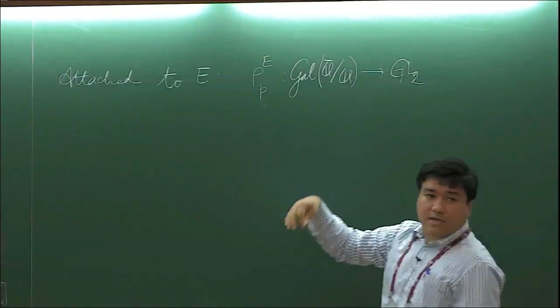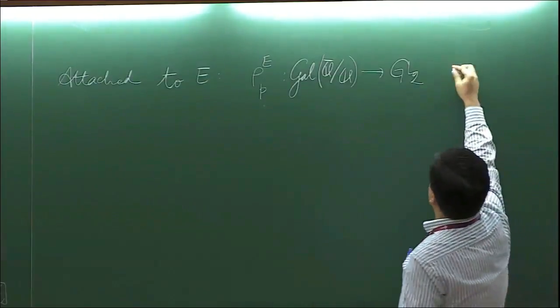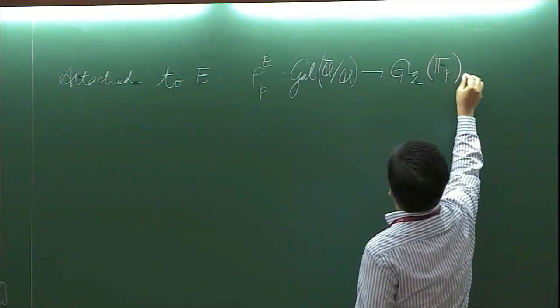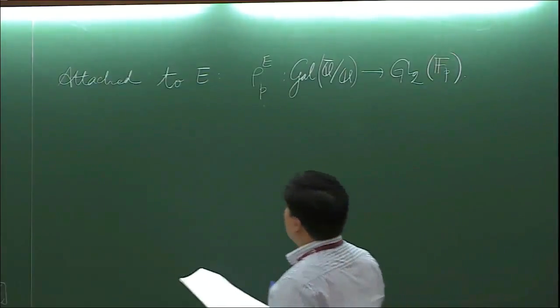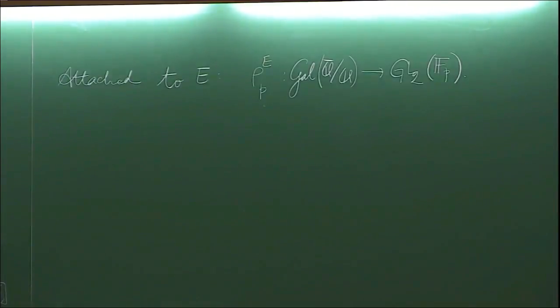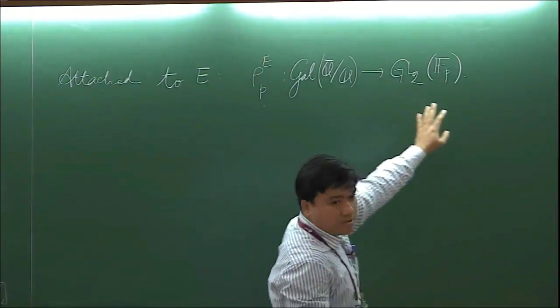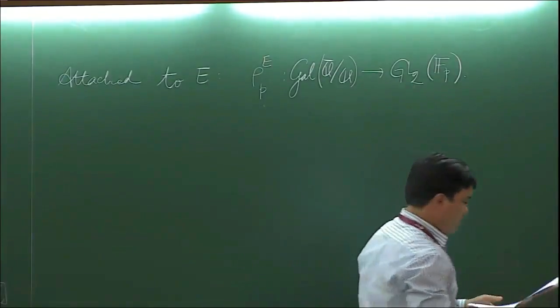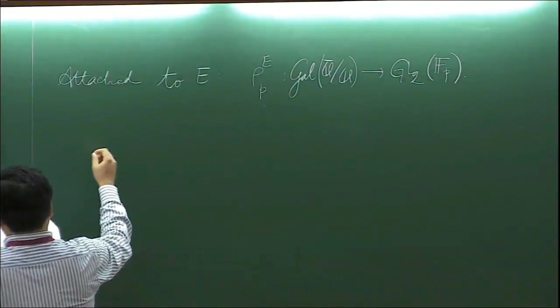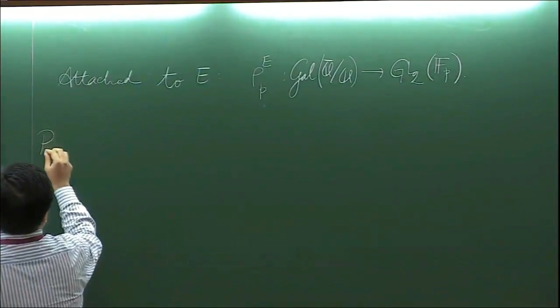But then I can take the reduction modulo P, and then I can get here FP. So the existence of this, you have to look at the Tate module. And now it's the small proposition.